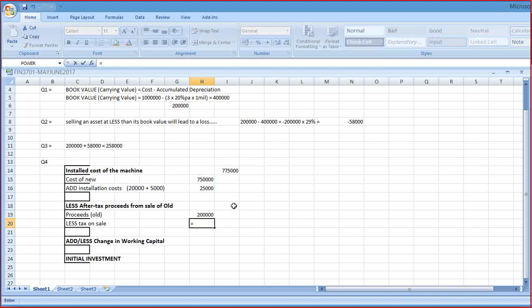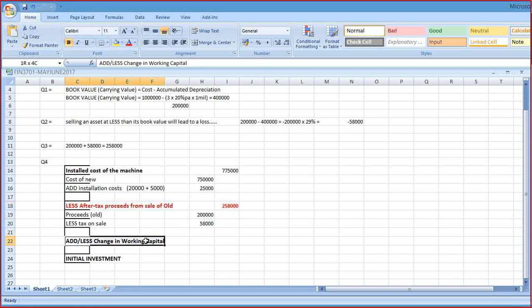Tax on the sale was 58, well, plus 58 because it's a benefit. Negative of a negative is a positive. And then you would have that as your after-tax proceeds from the old, 258. The formula says you need to less the after-tax proceeds, so it's this minus that.